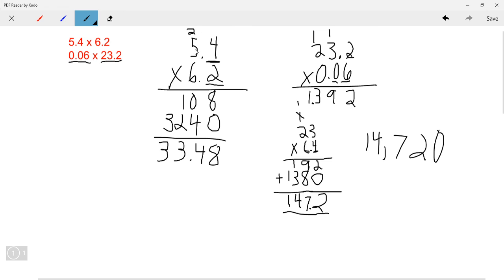Like this one, what's 5 times 6? It's 30, right? So 5 and 4/10 would round down to 5. 6 and 2/10 would round down to 6. So 5 times 6 is 30. So the answer is close to 30, right? 23 and 2/10 times 6/100. This one's a little tricky.